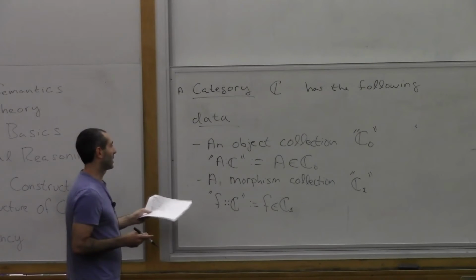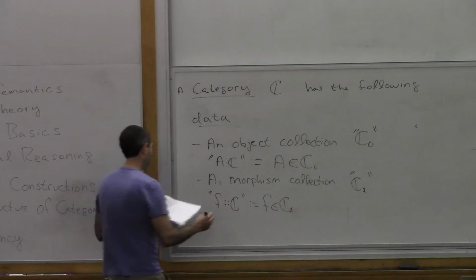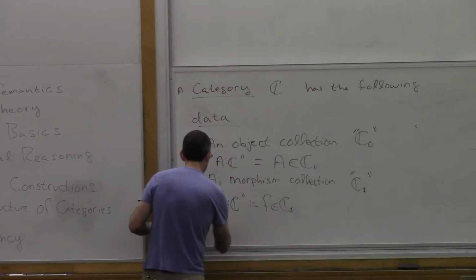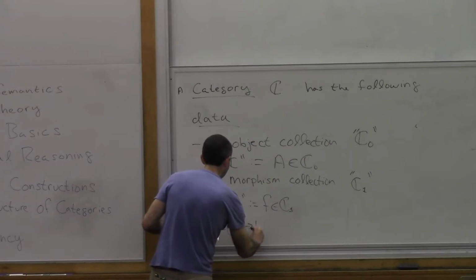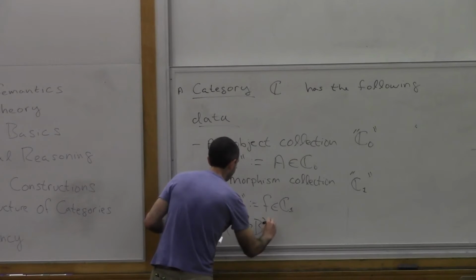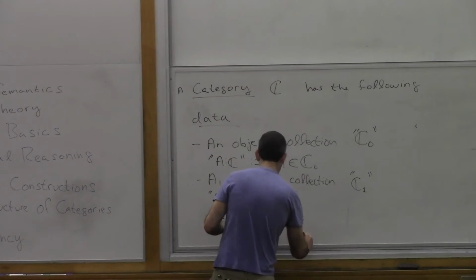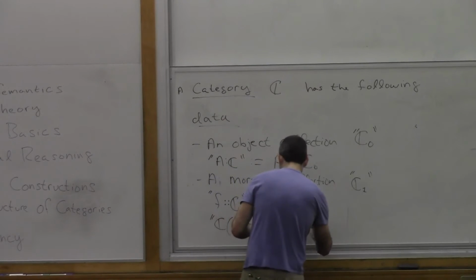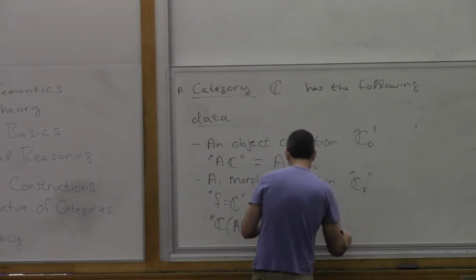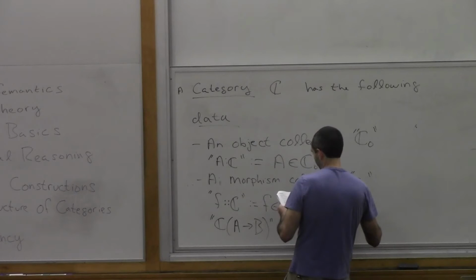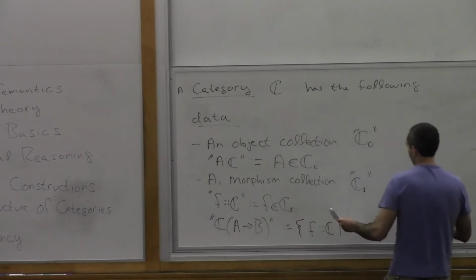so morphisms are classified by their boundaries. So what I mean is that if, so we write C, A, B, to refer to the collection of C arrows, such that the domain, oh, I didn't talk about the domain. Okay. Pause that for a second.